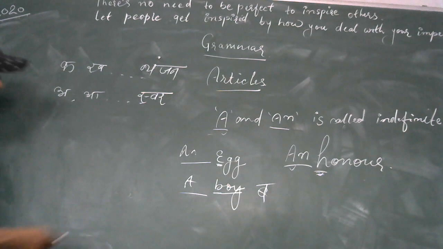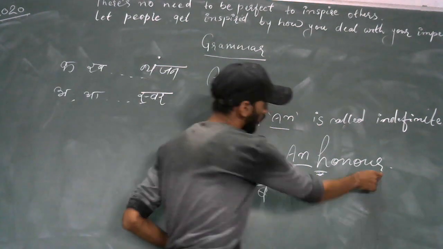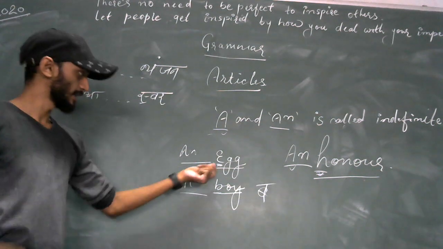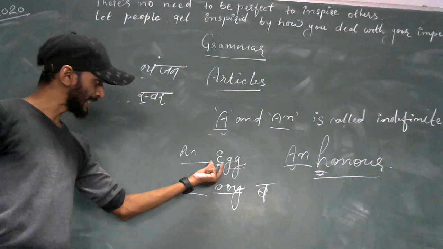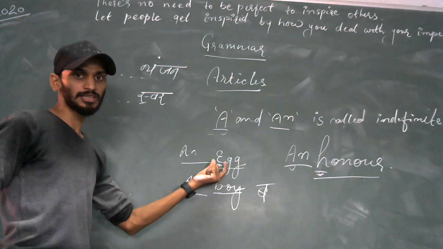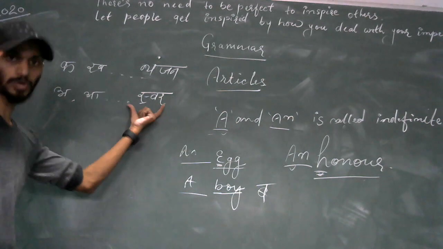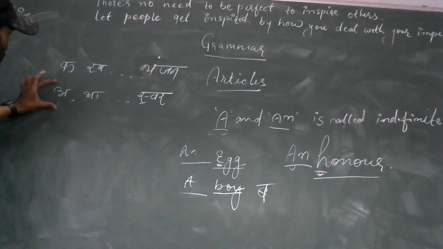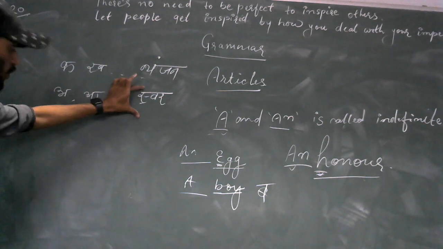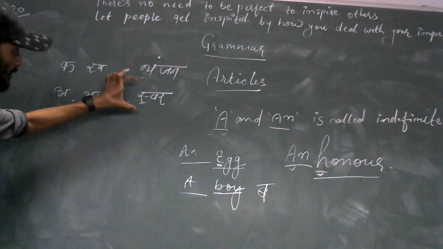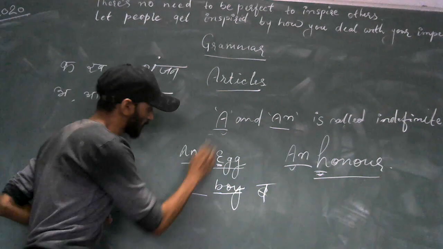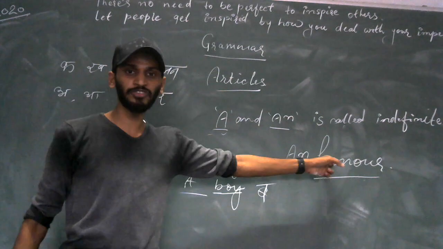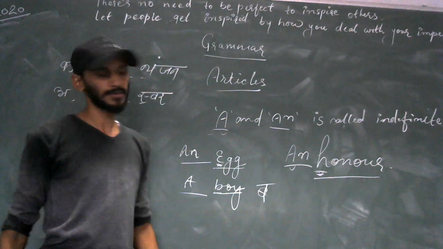Now, here you will see I have written egg, honor. Two words have been written here. Now, the letter E produces a sound from Swar. And whenever a sound is produced from the Hindi alphabet Swar, that is, we call it Swar, then we use N before the noun. Here also your confusion will be cleared now.